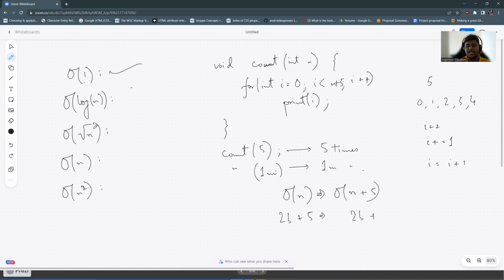Even if it's 2 billion plus like 1 billion, and this 1 billion is a constant, we still won't consider it. We will always say it's O of n, not O of n plus 1 billion, not O of n into 1 billion. It doesn't matter. If this is a constant, we won't consider it while analyzing our code, because that is constant always. It does not change with the user input.